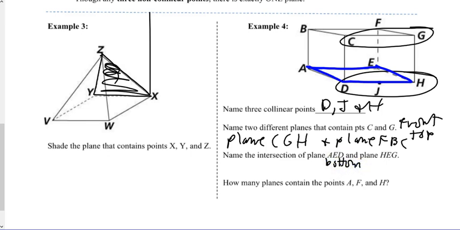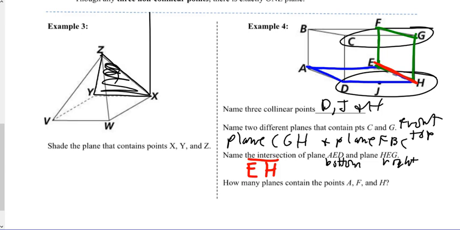And HEG, where's that? Well, H and E and G, you might call that the right side. Now, where do those intersect? Right there, at EH, line segments.